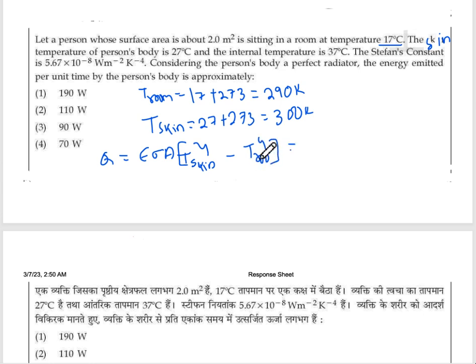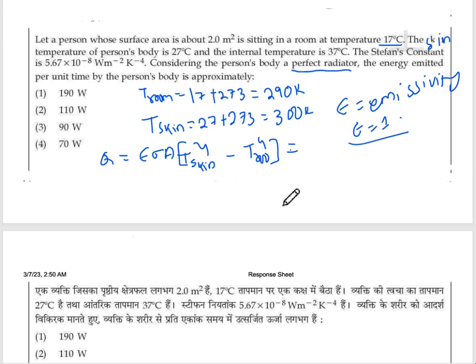This is a lengthy calculation, so you have to solve it. Here epsilon is the emissivity, which is 1 for a perfect body. As the question says it is a perfect radiator, epsilon will become 1.